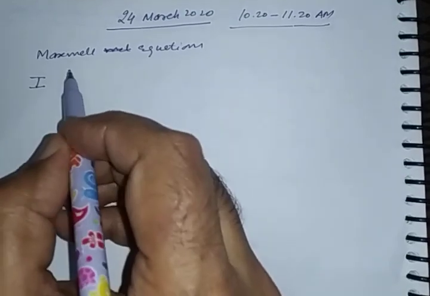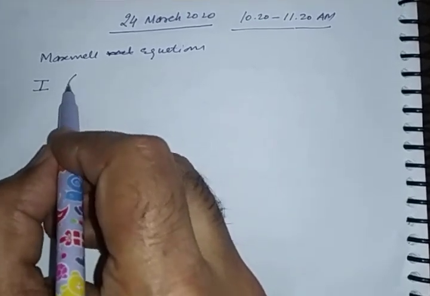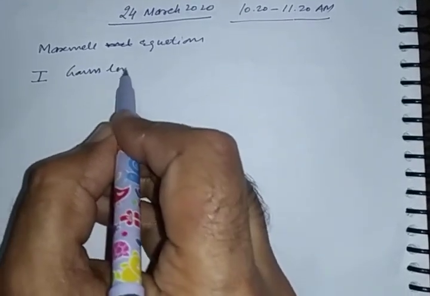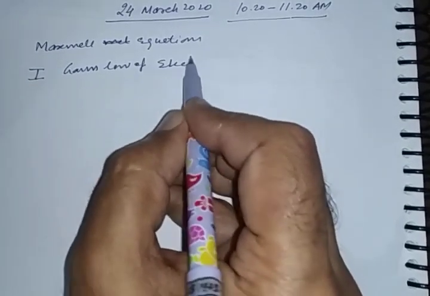Already we know that the first Maxwell equation is derived from Gauss law of electrostatics.